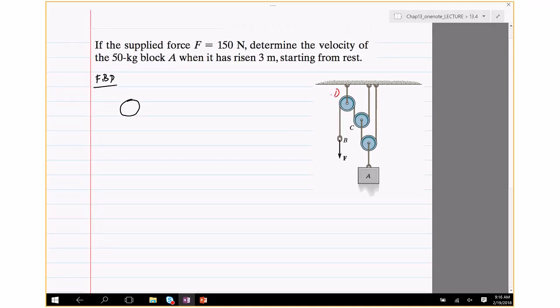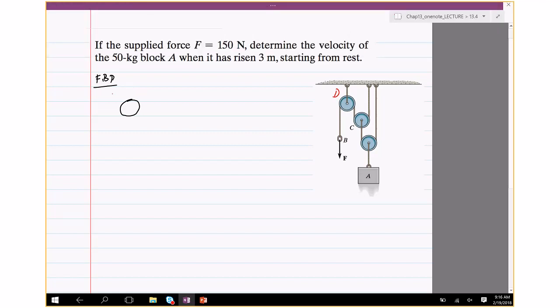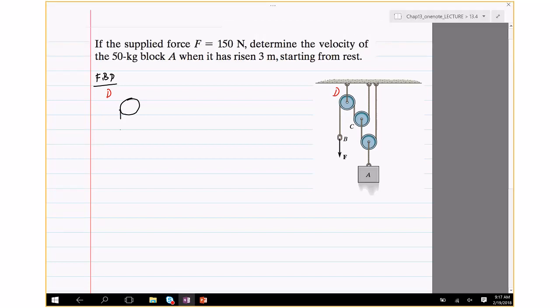Let's call it D. The only force I know is the force F acting on the left side. The string on the right, and then there is a string which connects the pulley to the wall. Now what's not given, and you can assume this, is that the pulleys have zero mass, they're massless. The second assumption is that the string is inextensible, that is, it cannot stretch.